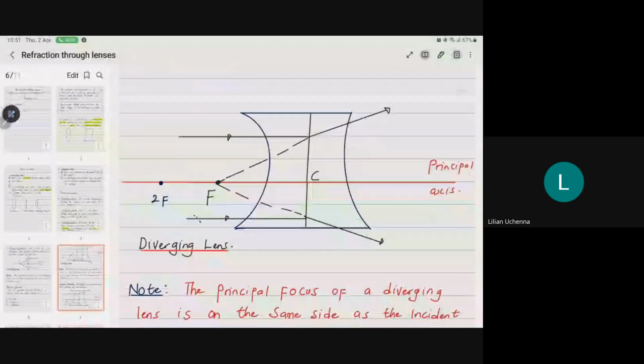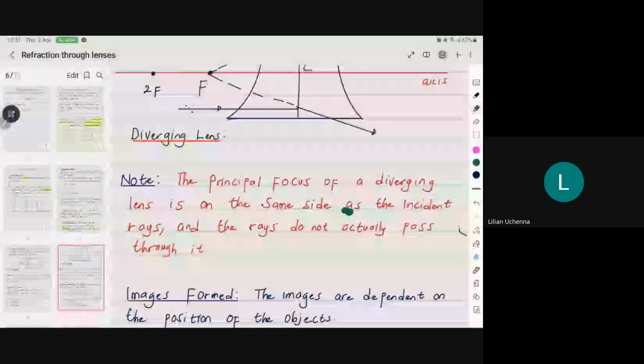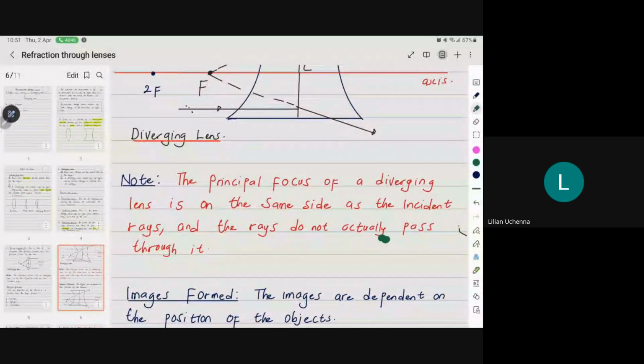Right. So I said that the principal focus of a divergent lens is on the same side as the incident ray, and the rays do not actually pass through it. Okay, it doesn't actually pass through that very principal focus for your diverging lens. Now, for the diverging lens, based on the position of the object, different kinds of images can be formed.